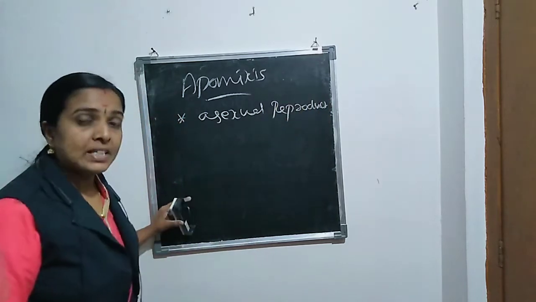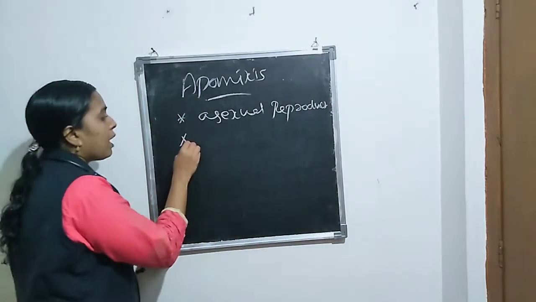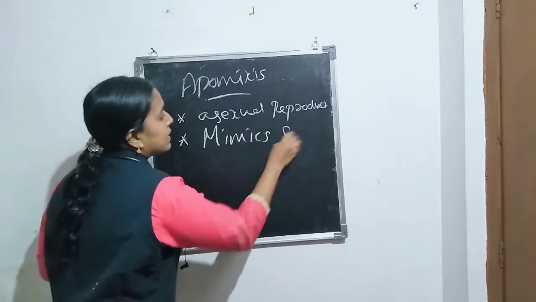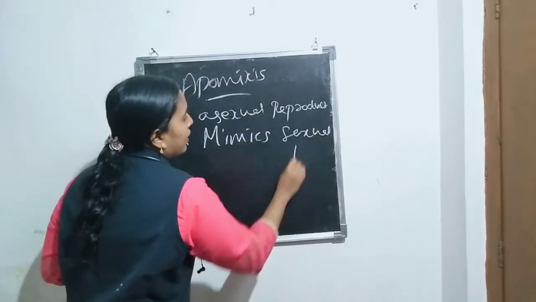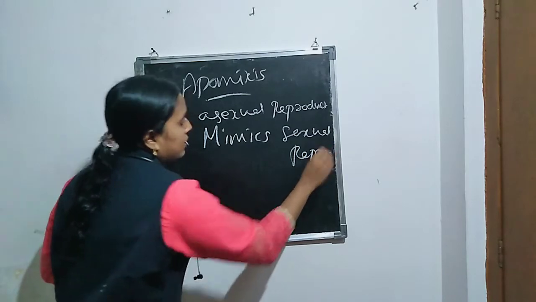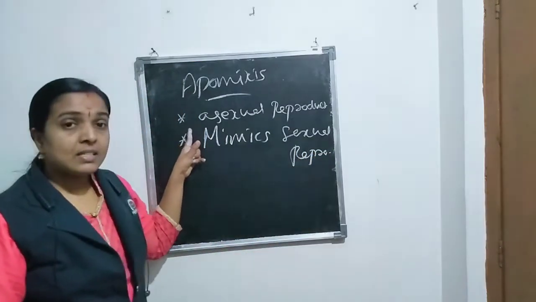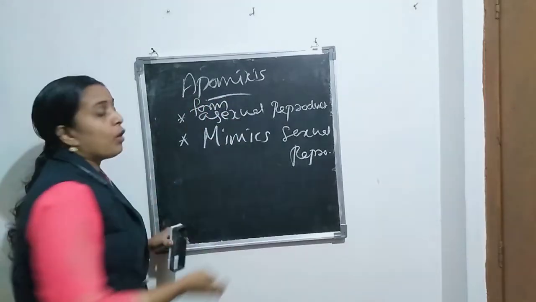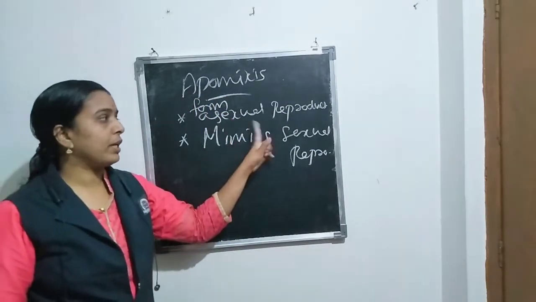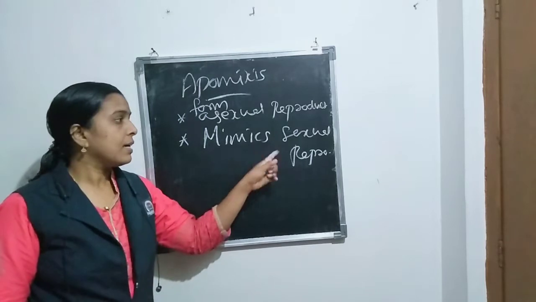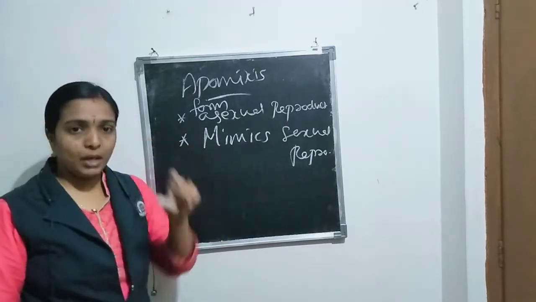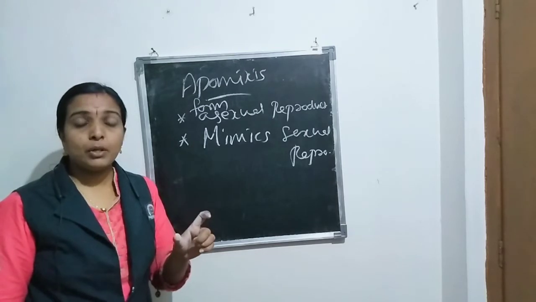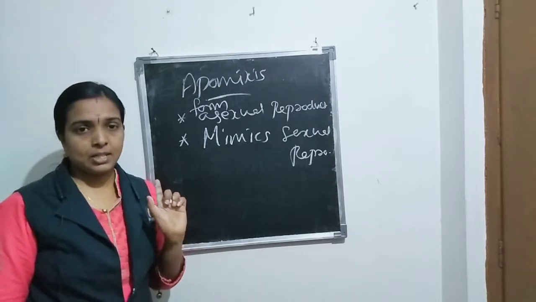It is a form of asexual reproduction, but apomixis mimics sexual reproduction. Listen here, apomixis is a form of asexual reproduction, but it mimics sexual reproduction because of development of seed without fertilization.